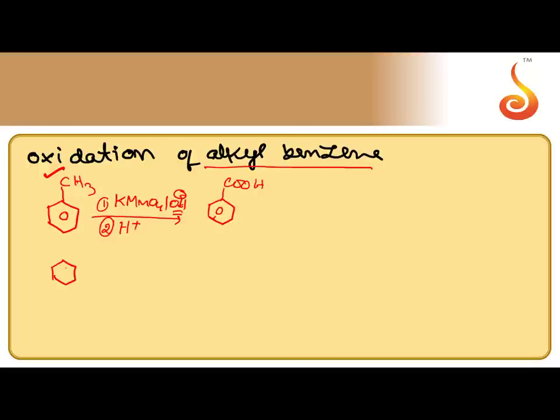Irrespective of the alkyl group, any alkyl group attached to the benzene ring will be oxidized to give the same benzoic acid. In addition to that, carbon dioxide and H2O are also produced, of course.